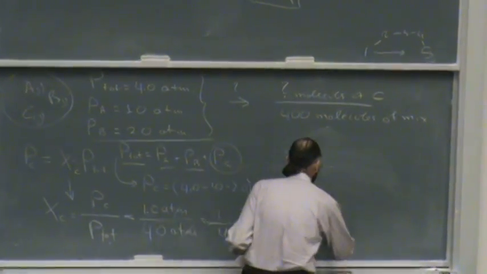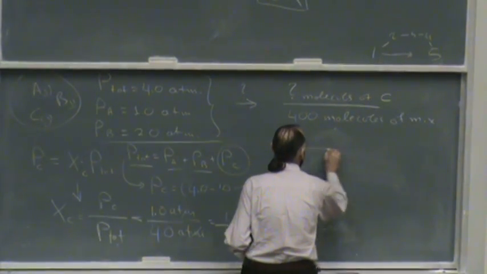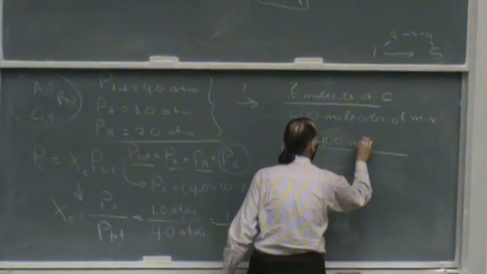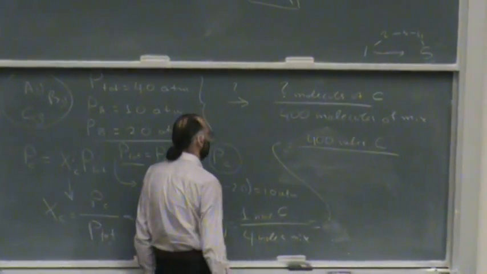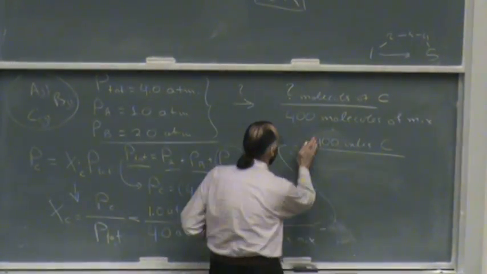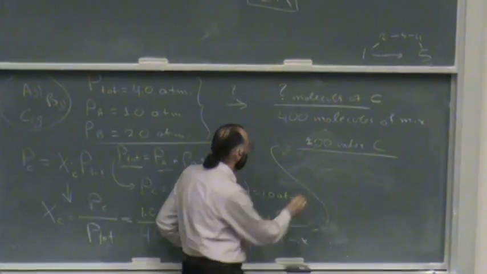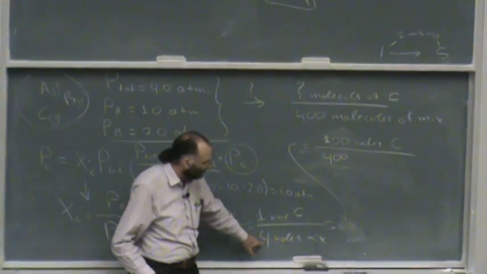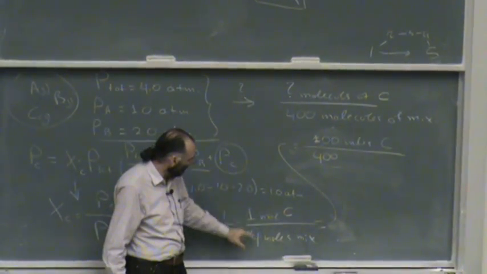Okay, so I multiply both numbers by 100, and that will be equal to 100 moles C divided by 400. Why did I multiply by 100? Because I want to make appear on the denominator the number I'm looking for, per 400, right? That's why I multiply by 100, to make this 400.